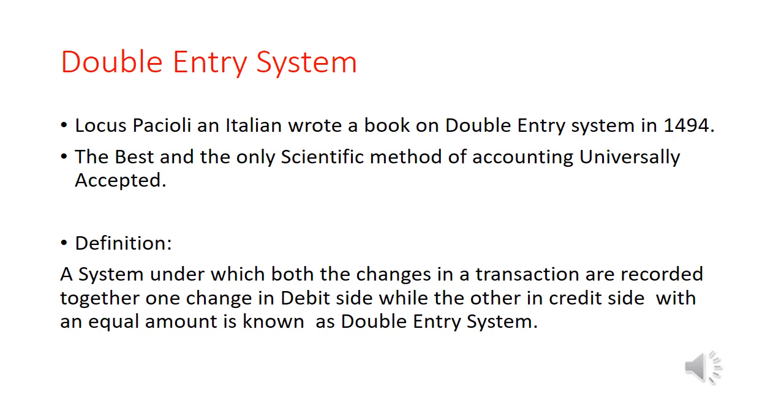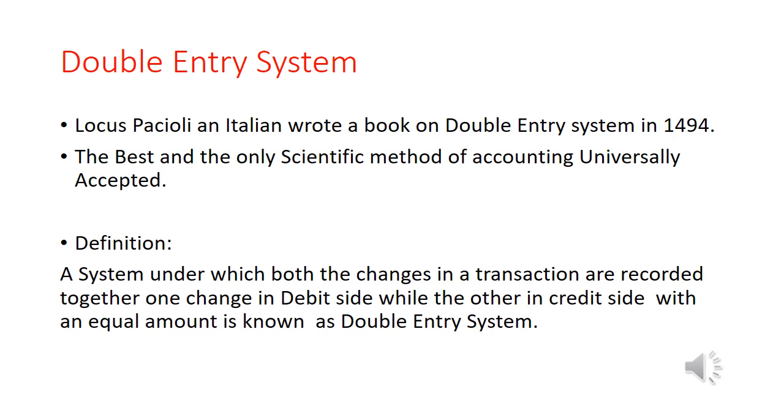So the double entry system we can define as the system under which both the changes in a transaction are recorded together. One change is debited while the other change is credited with an equal amount. This is known as the double entry system.